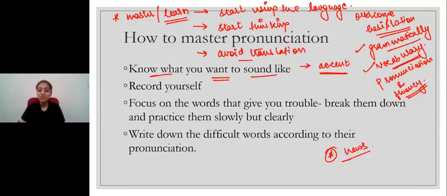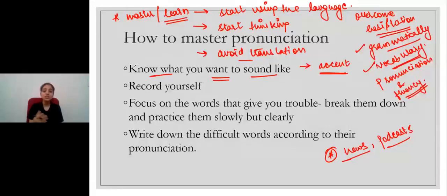So I was telling you, you can hear news channels, you can listen to podcasts. I will tell you this point in today's session only, but because you have asked this doubt, I am discussing it. You have to start listening to news and podcasts. Podcasts are available on multiple topics. If you are from an engineering background, you can listen to podcasts related to science.